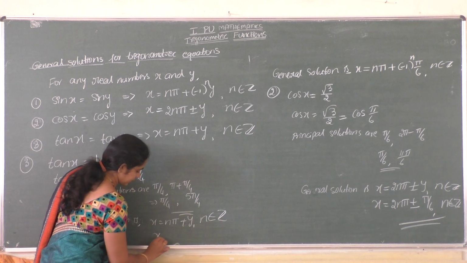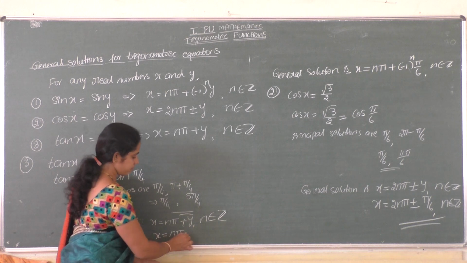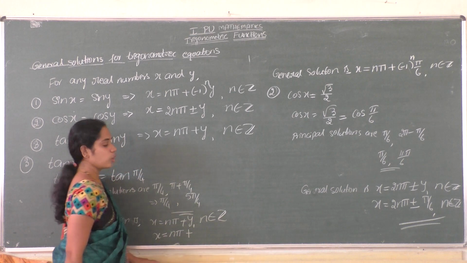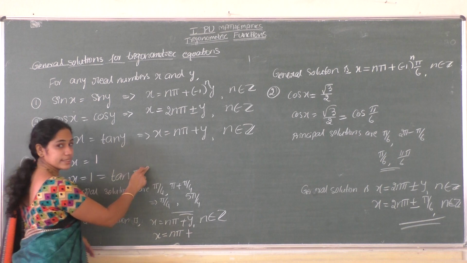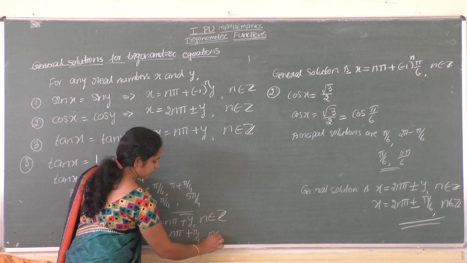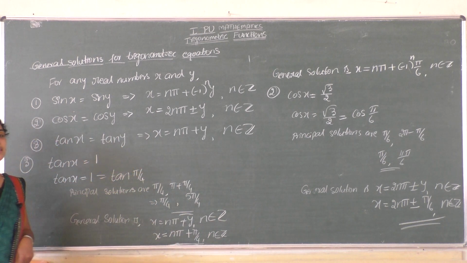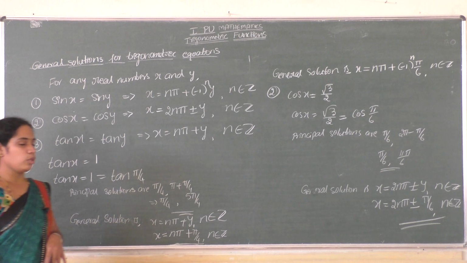What is x now? X equal to n pi plus, what is y? Y is pi by 4, where n belongs to z. This is about general solution.